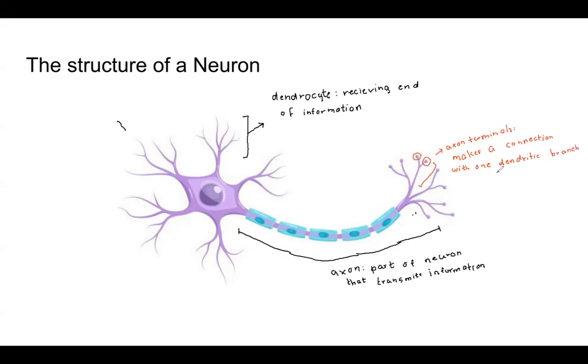Okay, so what the heck is a dendritic branch? We don't know what a dendritic branch is, right? So let's go back to the dendrites again. On each dendrite, there are small protrusions that come out like this, and they're really, really microscopic. So these are called dendritic branches. So what do they even do?